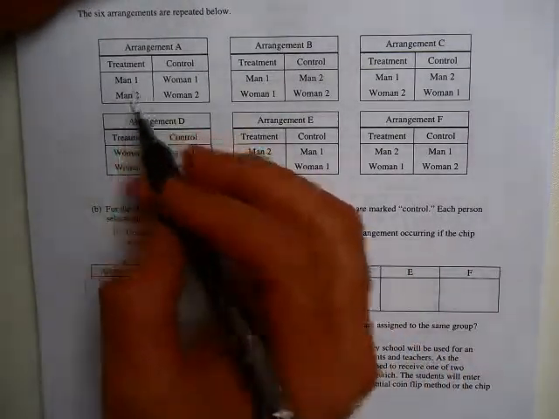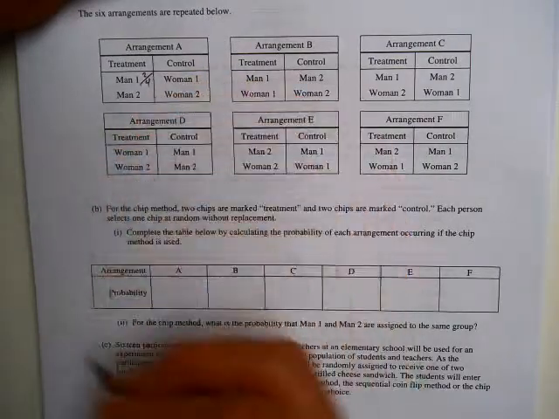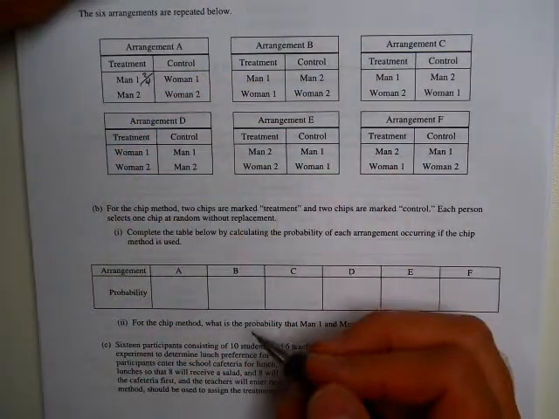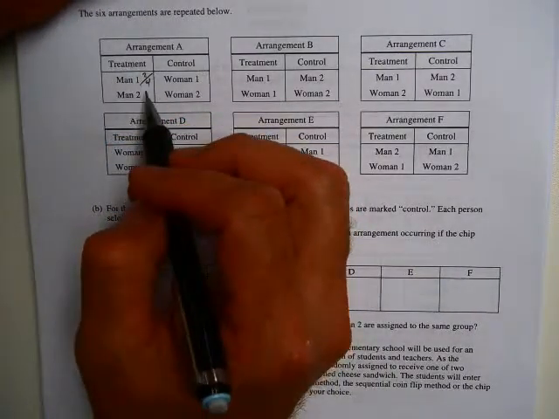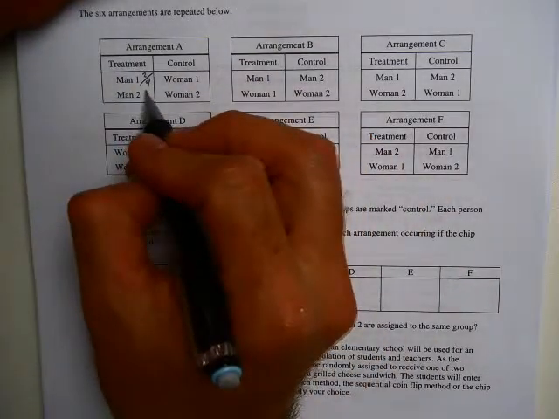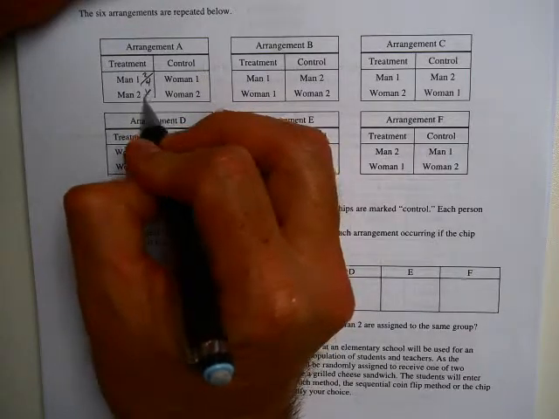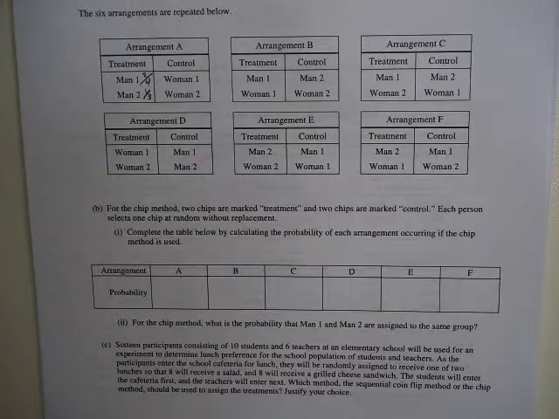So man 1 has two chips that are treatment out of 4 chips that he chooses from. So he's got a 2 in 4 probability of getting into the treatment group. And then one of those chips is now out because there's no replacement. So man 2 steps up and he chooses, and he's got a 1 in 3 probability. There would only be one chip left that is in the treatment group.